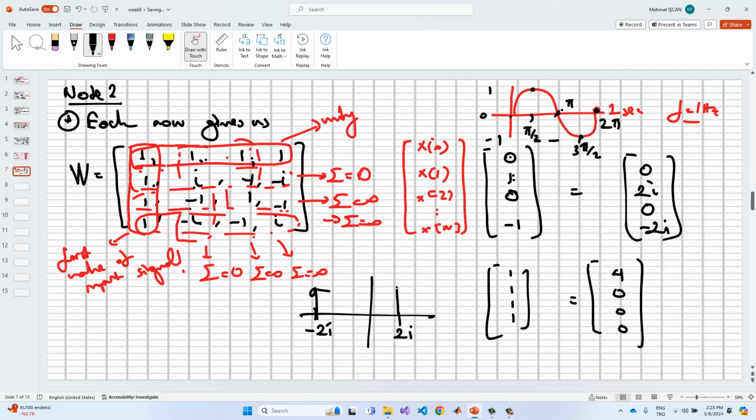This signal produces these values, but this one produces the 4, and we need to normalize this form because we have the 4 value in here, so I divided by 2, I divided by 2, and so this is divided by 4.